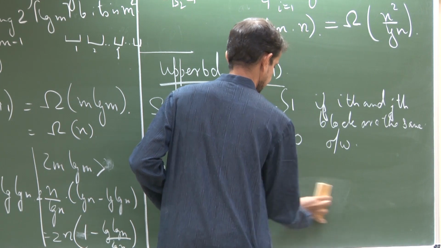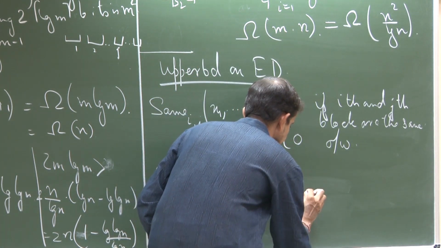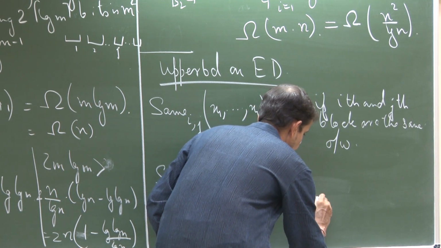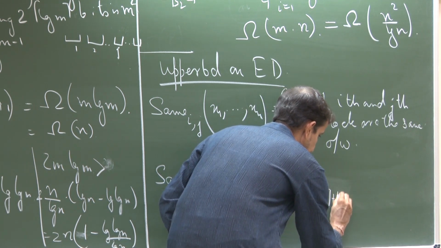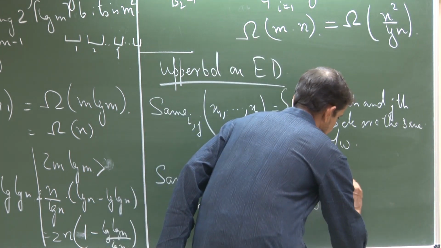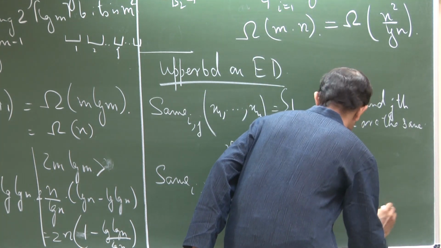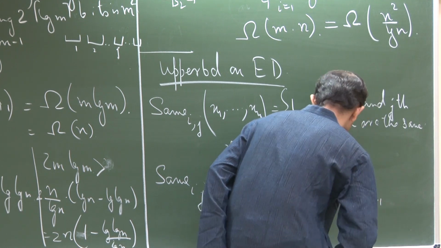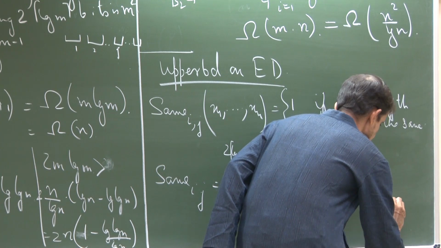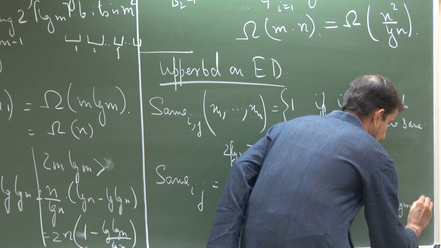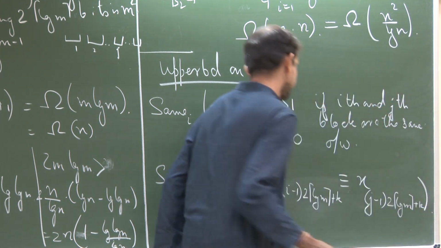Once again, let me just rewrite this. It is i minus 1 times 2 log n plus k is equivalent to x of j minus 1 times 2 log m plus k.